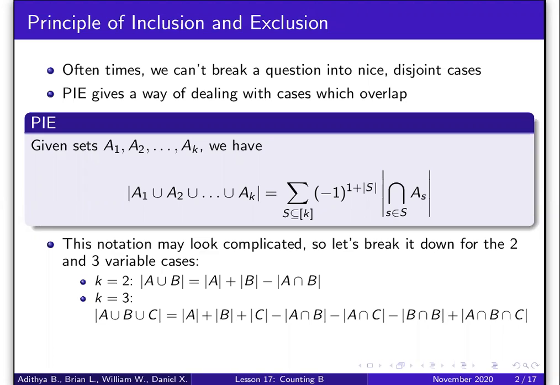Unfortunately, this can get very complicated, but it gives a surefire way to deal with questions which might not be able to be done with casework easily. So before we move on to any applications, let's go ahead and quickly prove this.